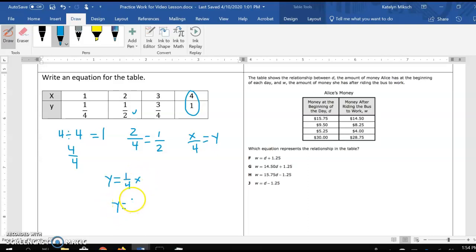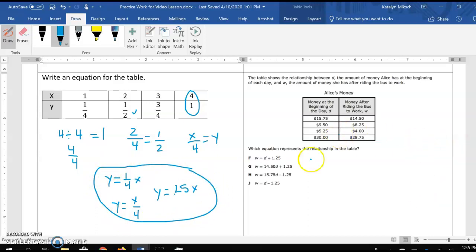Y equals x over 4 or x divided by 4, just like what I did a second ago. And then if you wanted to use a decimal, I probably wouldn't do that, but if you wanted to, it would be y equals 0.25x. So any of these would be acceptable for your answer to this table.